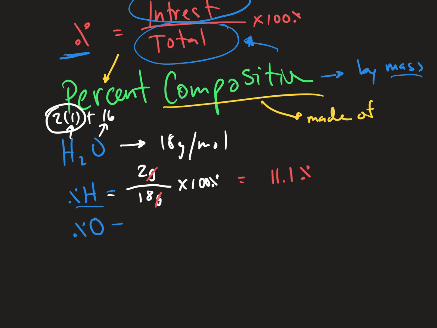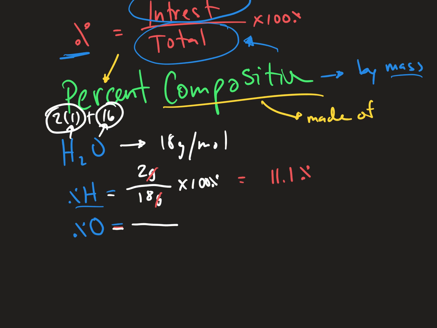Okay. Let's set it up for oxygen. What goes on top? 16. Out of 1 mole of water. Do like 100 minus 11. You could do that. Yes, you could. Perfect.